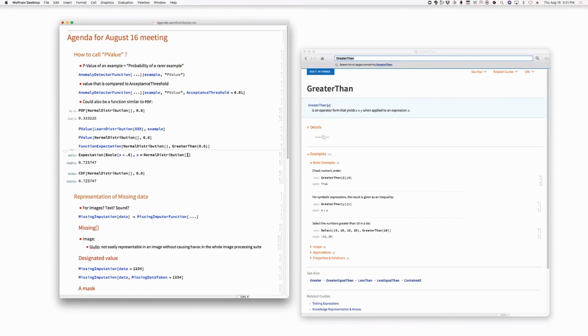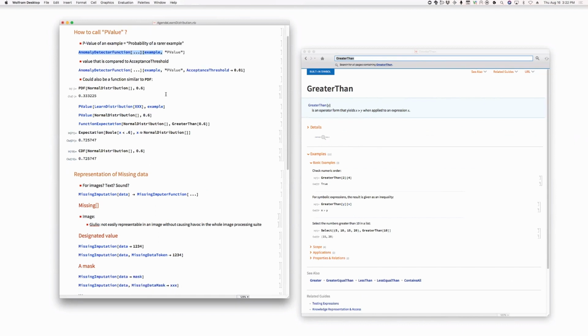Okay, let's zoom out for a second before we get too deeply into this. Let's review what these are doing. We've got an anomaly detector function and basically a learned distribution inside. The question is, what is it returning in this case? It's returning the probability that this example or worse could occur.